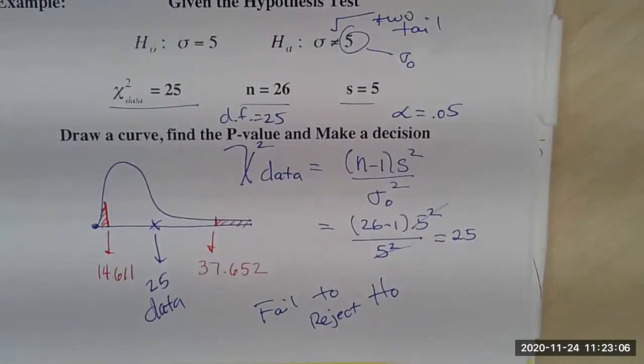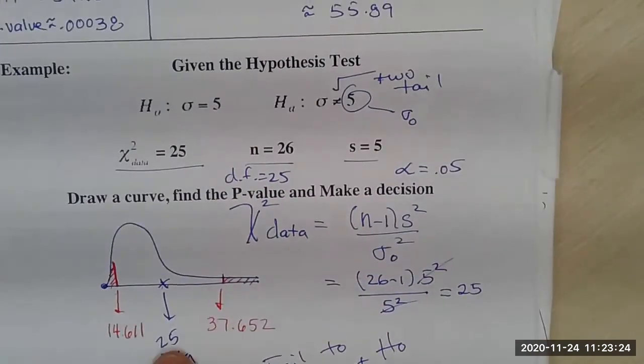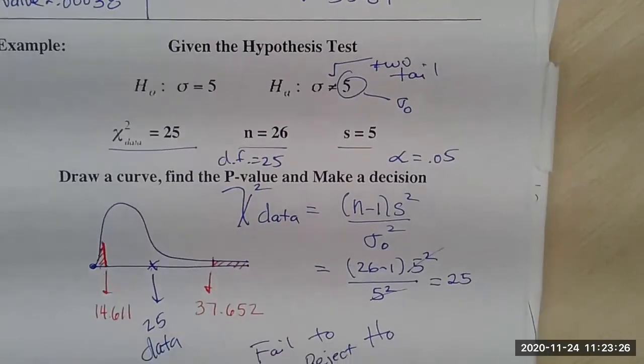So I'm not going to give you one on the final exam. What am I not going to give you? I'm not going to ask you for the p-value for a two tail. I can ask for a two tail picture and ask you to make a decision, and the only way you're going to do it is with the picture, data value, and critical numbers. That's the only way you can do it for the decision.